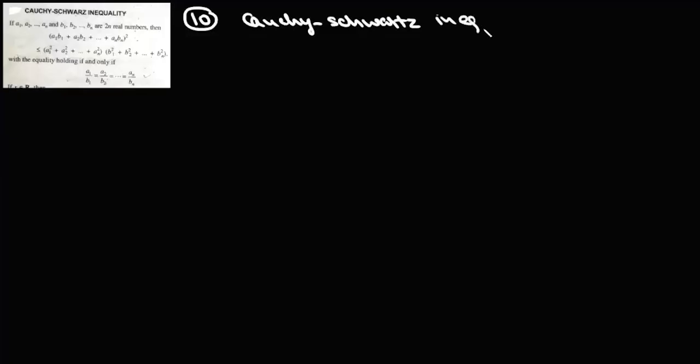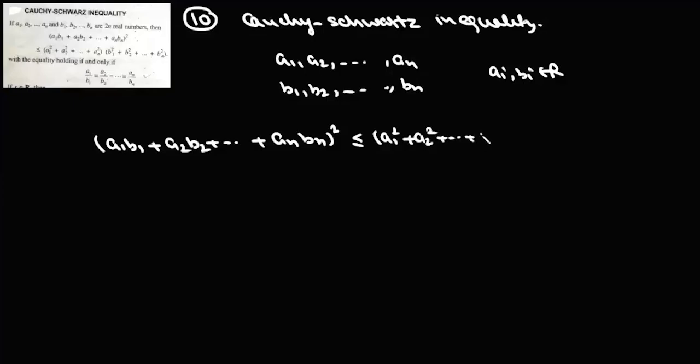So if we have two sets of n real numbers, a1, a2, up to an, and b1, b2, up to bn, where each of ai and bi belongs to real numbers, then Cauchy-Schwarz inequality says a1 b1 plus a2 b2 up to an bn whole square will be less than or equal to a1 square plus a2 square up to an square into b1 square plus b2 square up to bn square.